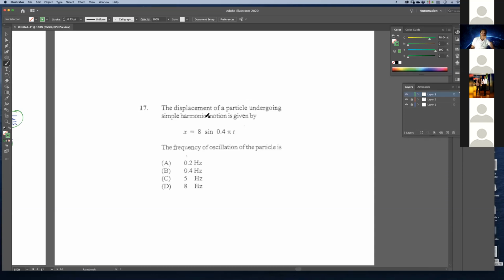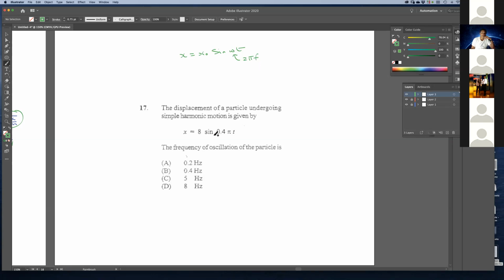Next one. The displacement of a particle undergoing simple harmonic motion, that's the equation. What's the frequency? Again, the general equation is x is equal to x0 sine omega t. Omega we know is 2 pi f. The other version of omega is 2 pi over T, 2 pi f, same thing.